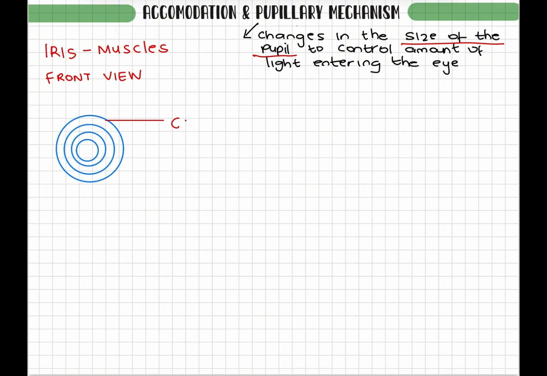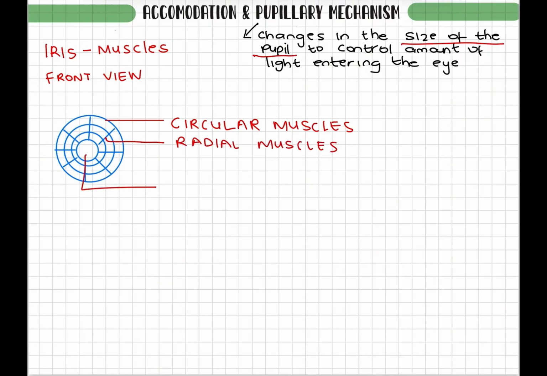So here we have the circular muscles of the iris. They are the outer circles. And then there will be radius lines, which we call the radial muscles of the iris. And lastly, the pupil.